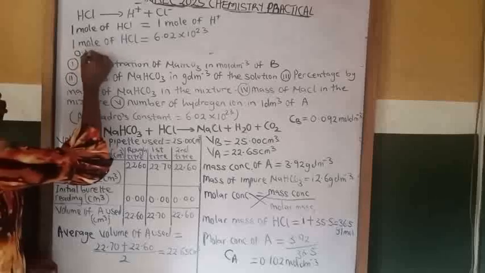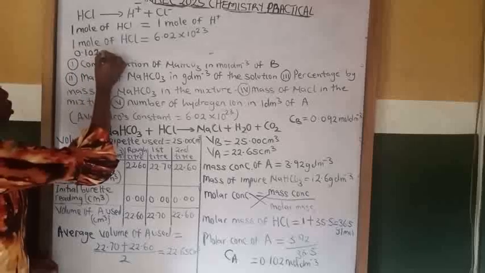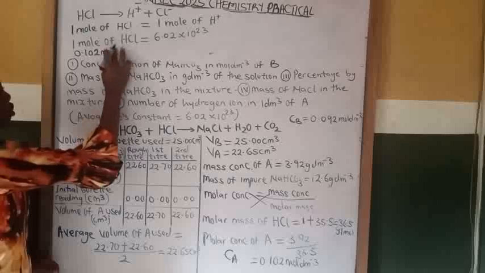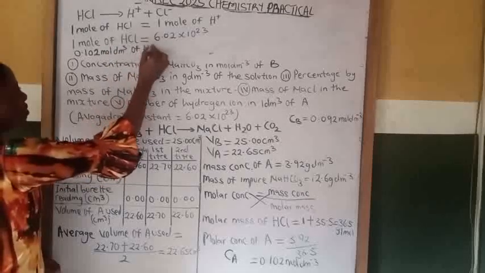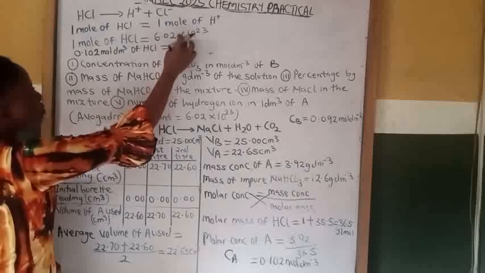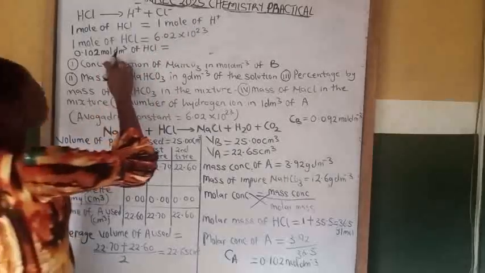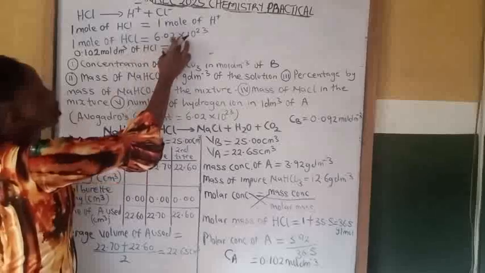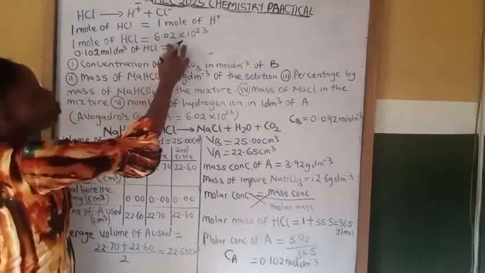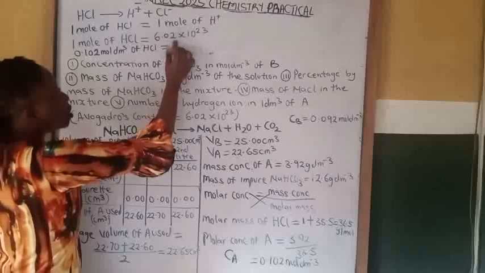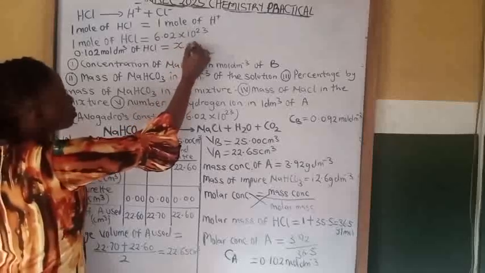So we now say that 0.102 mole per dm cube of HCl will now be equivalent to a number of ions we don't know. So this is unknown, equal to X ion.